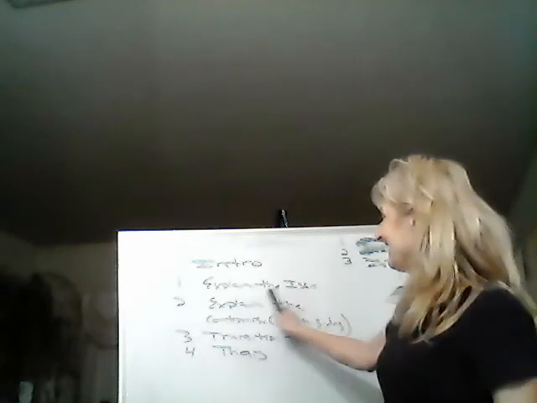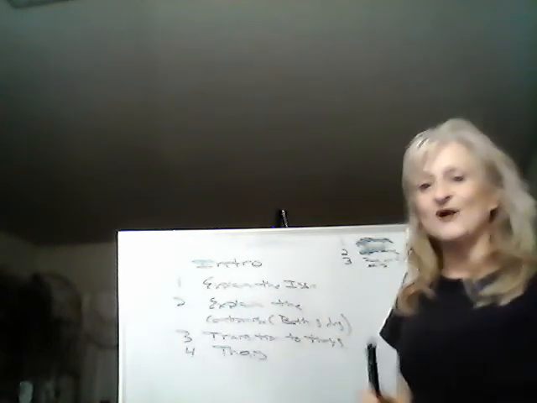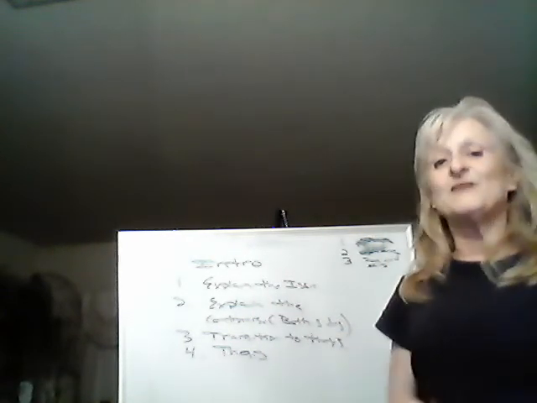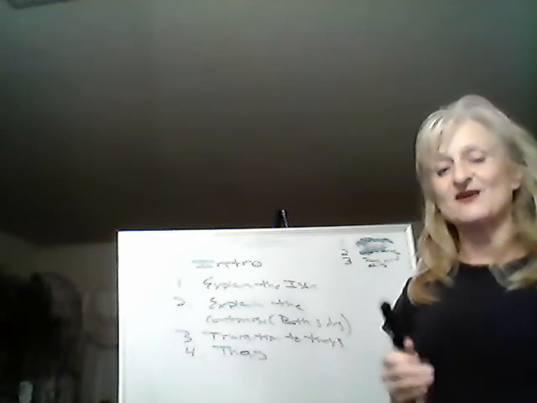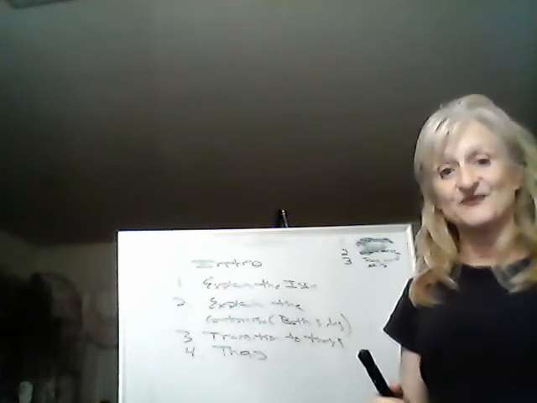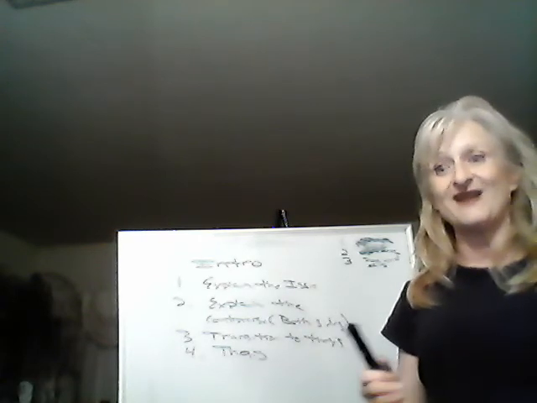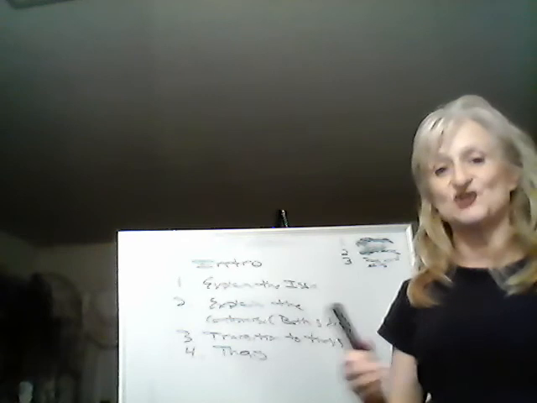So for the intro, I hope you can see this. I think you can. So for the intro, here's what you really need for an argument paper. You need to, number one, explain the issue. Why do you need to explain the issue? Because your reader is not necessarily aware of the issue. They are not thinking of it as much as you are thinking of it.